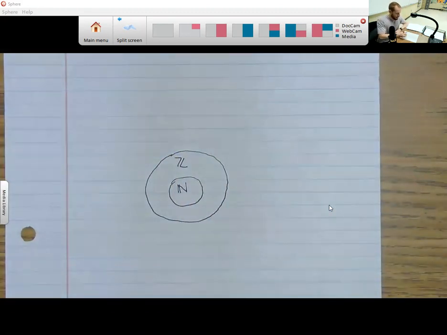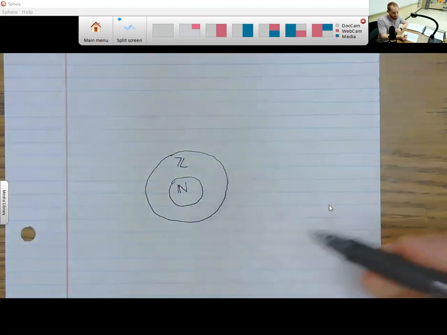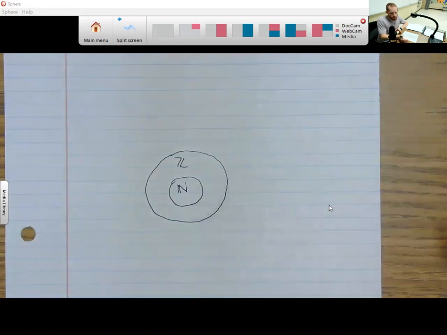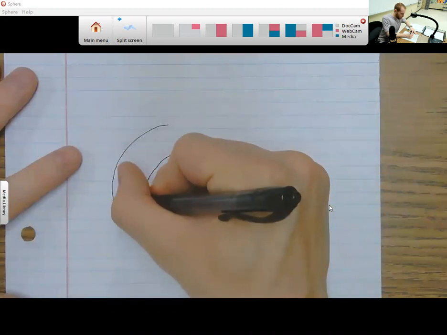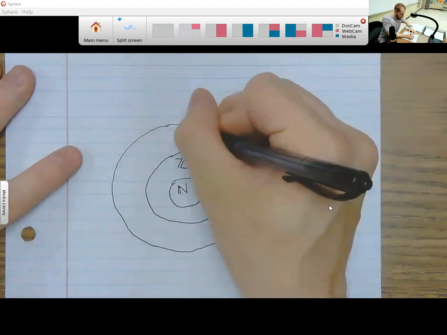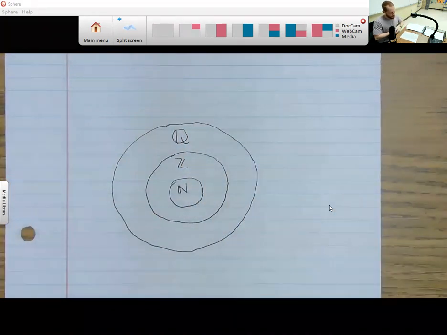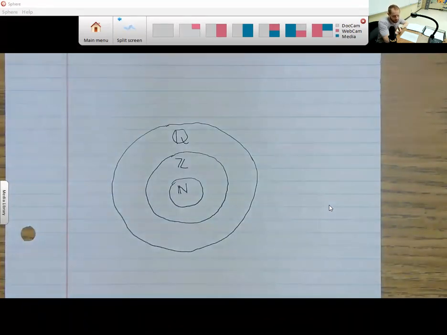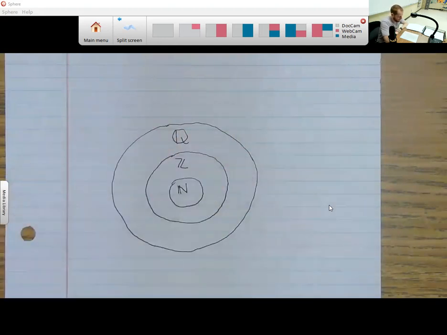So every single natural number is also an integer, right? You already know that. But then there's an even bigger set that contains both of these sets called the rationals. So I'm going to draw an even bigger circle. And we're going to call it the rationals, okay? So every single fraction, whether it's positive, negative, or 0, lives inside this circle, okay?